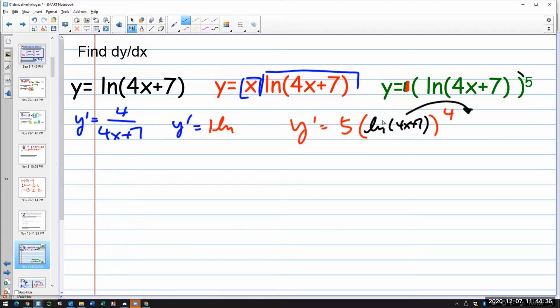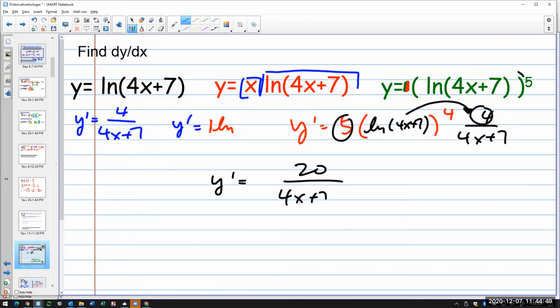The derivative of the inside, which is 4 over 4x plus 7. So that's the answer unsimplified. If I were to simplify it, I would multiply the 5 and the 4. So I would get 20 over 4x plus 7 times the ln of 4x plus 7 raised to the 4th power. And that would be simplified. You guys good with that?